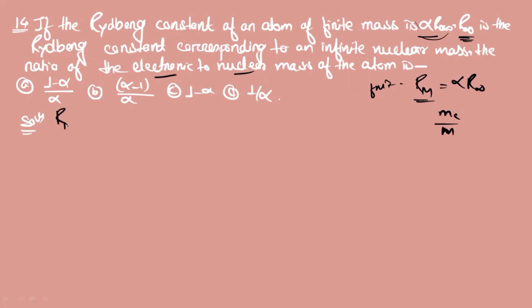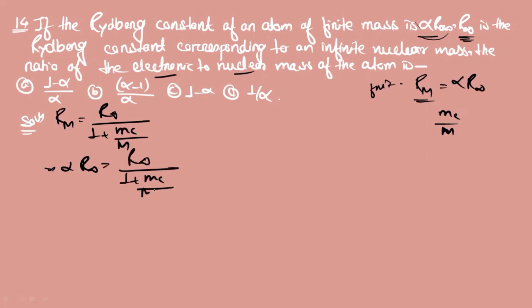Okay, so for this, you will have the direct formula from the Rydberg constant. Rm equals R infinity into 1 plus mass of central atom divided by capital M. So Rm is given to you as alpha R infinity, equals R infinity 1 plus mc by M. R infinity gets cancelled.